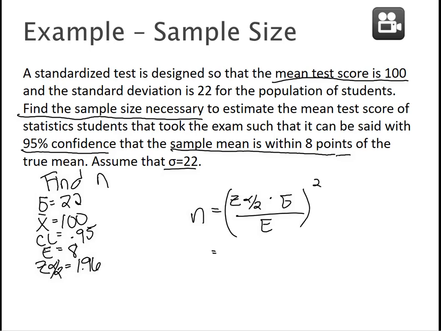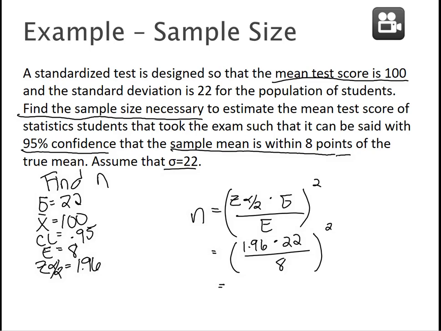So let's fill in everything into that formula. z alpha over 2 is 1.96, and then sigma is 22, and then E is 8. And then I square it.